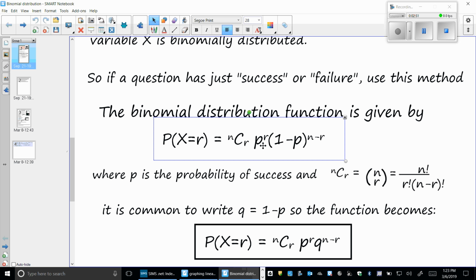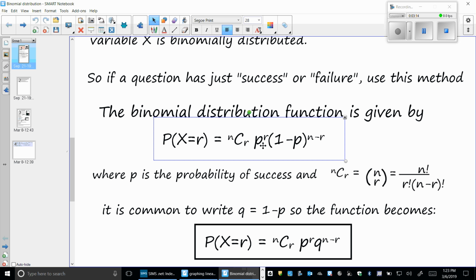Several people were saying things at different times. Sarah, what did you say? So what did P represent? Probability of success. In this question, it stood for probability of success, yes?